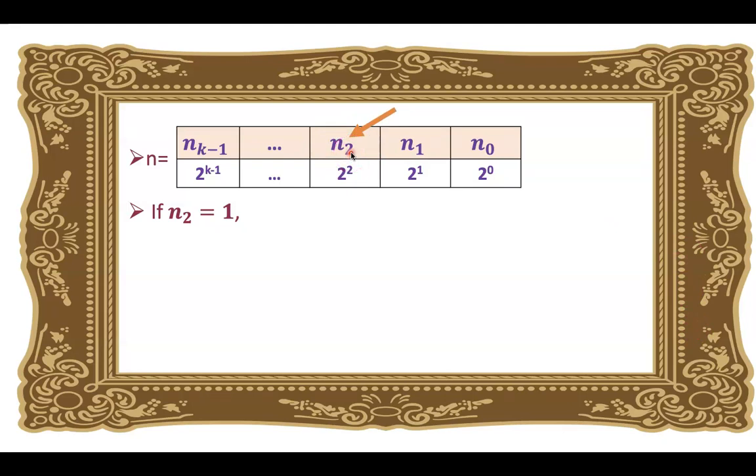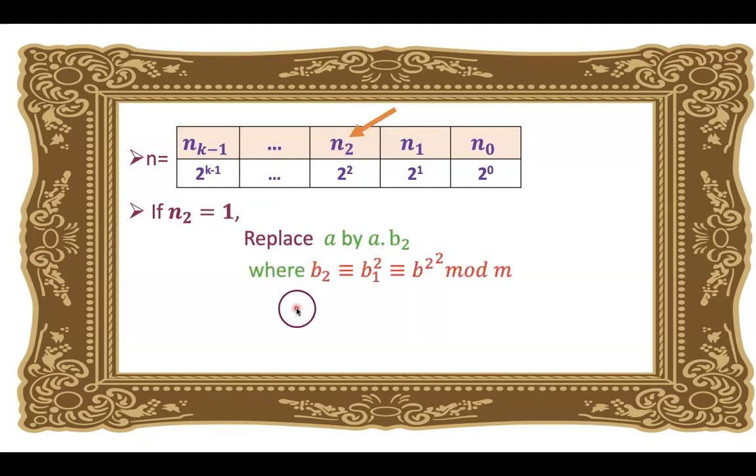If n2 is equal to 1, then we replace a by a into b2, where we have already calculated b2 as b1 square modulo m. b1 square can also be represented as a quantity congruent to b raised to 2 square. And otherwise, that is if n2 is equal to 0, we keep a unchanged.